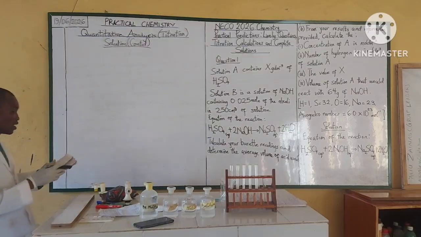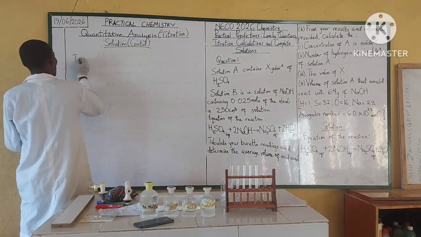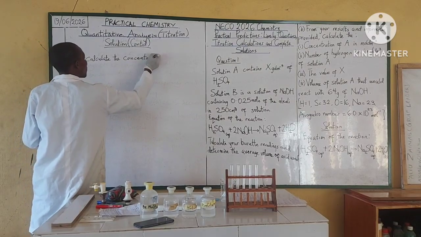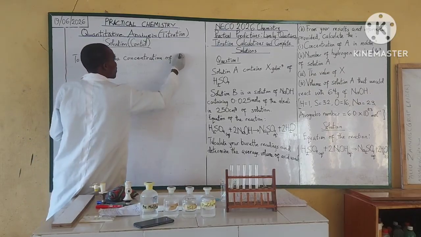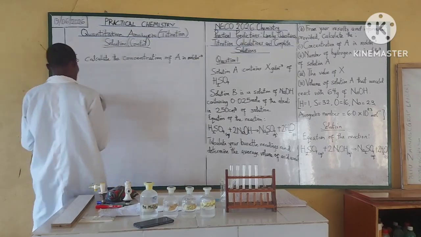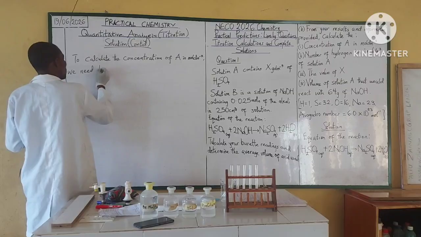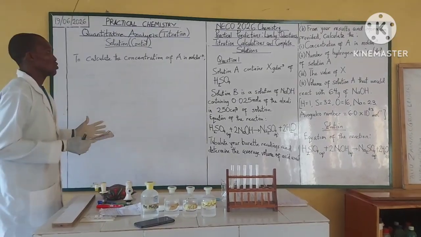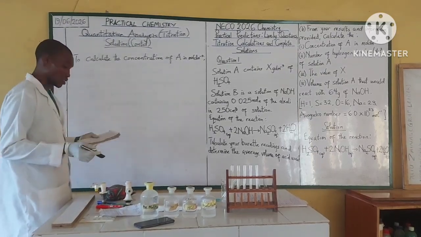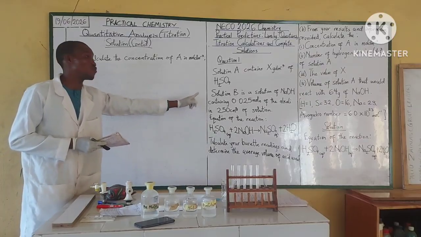Alright, to calculate the concentration of A in mole per dm cube, we need to calculate or determine the concentration of B in mole per dm cube first, since the concentration in gram per dm cube of A was not given.